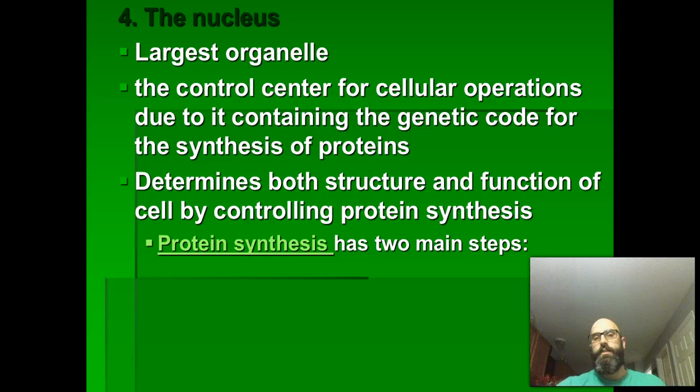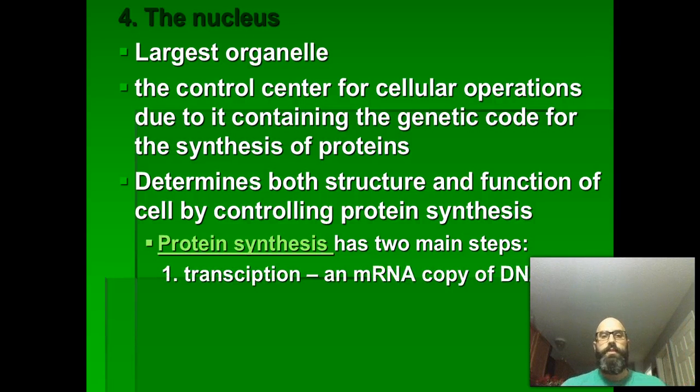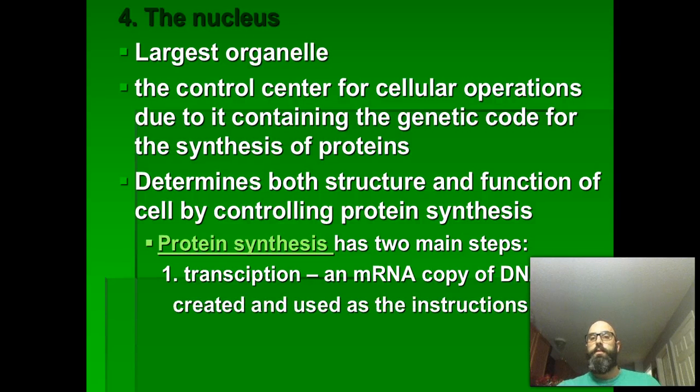So let's talk about protein synthesis. It has two steps. It has transcription, where you take DNA and split it in half. You use one half of that DNA and make a messenger RNA, or mRNA, copy of the DNA. That mRNA is then used as the instructions for assembling a protein.